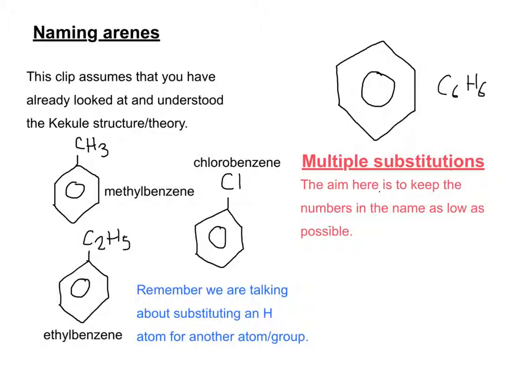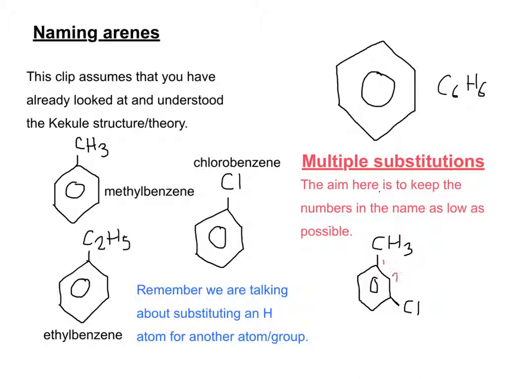So if we take our methyl benzene and we add a chlorine, let's say we add it here. What we've now got to do is think to ourselves, how do we decide where the chlorine is?